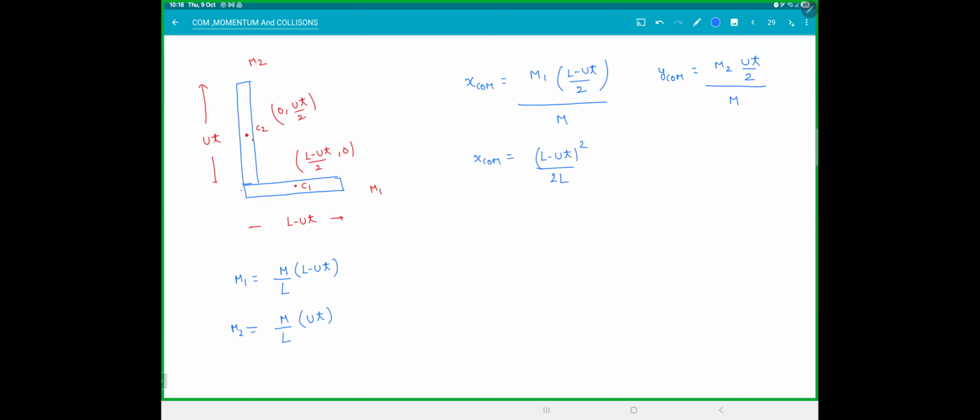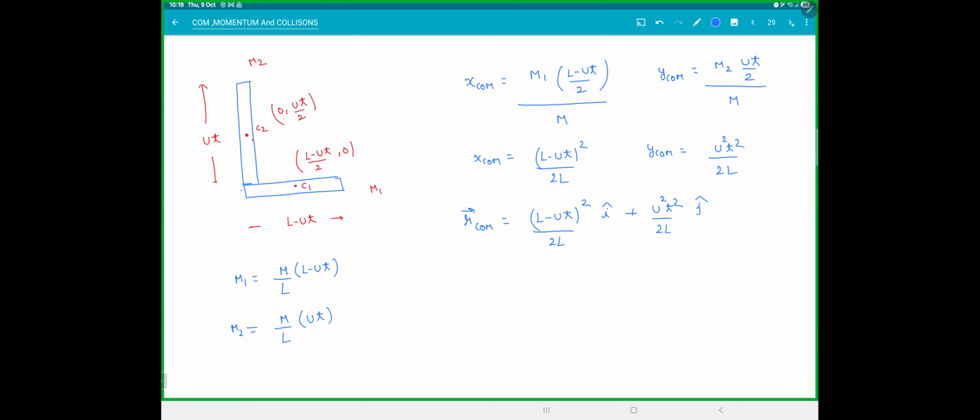That's your x center of mass. Y center of mass will be u square t square by 2L. Therefore, the position vector of the center of mass will be (L minus ut) whole square by 12 i cap plus u square t square by 2L j cap. There, that is how you do this. Okay. The squares will come.